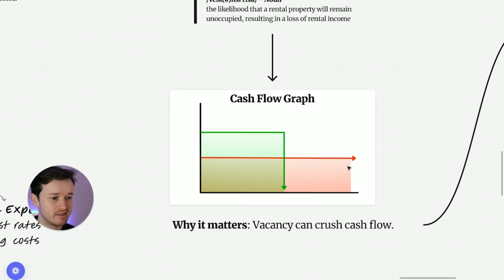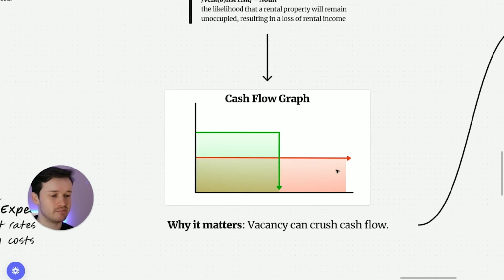The tenant can't be paying the mortgage, the outgoings and the insurance. I've got to pay it out of my own pocket. That's why people think it's risky, because they think of this scenario, which is true. If the tenant leaves, all these expenses still have to be paid, and the tenant's not paying them, so you've got to pay them.